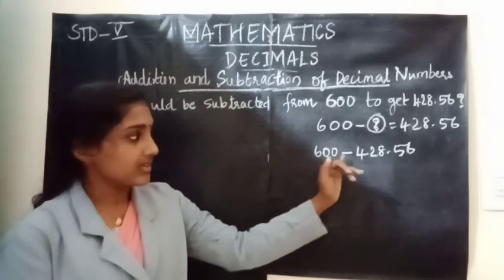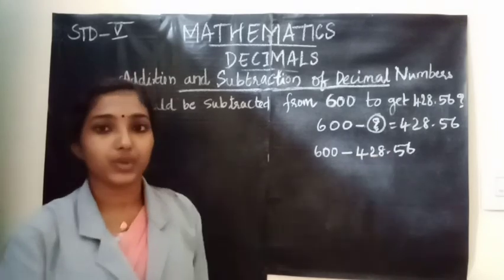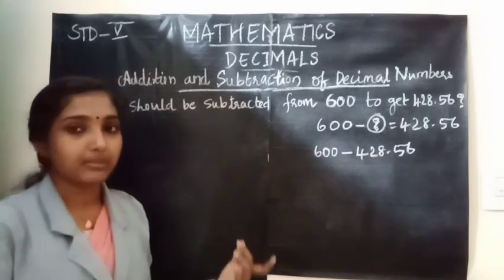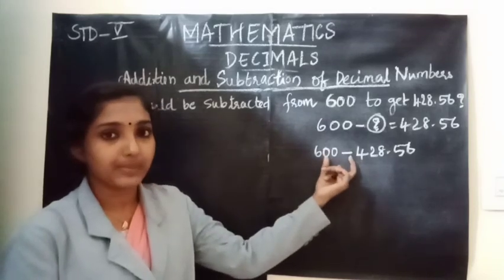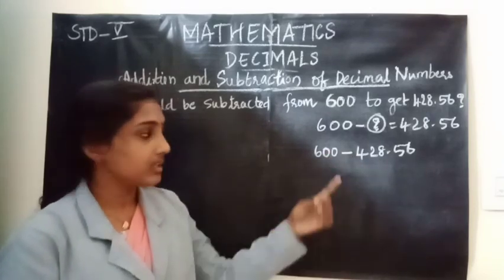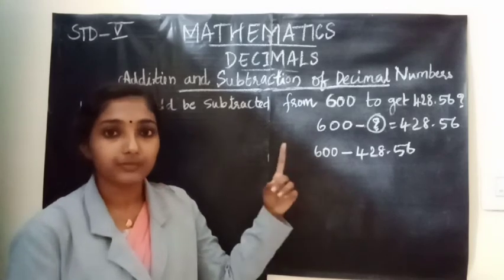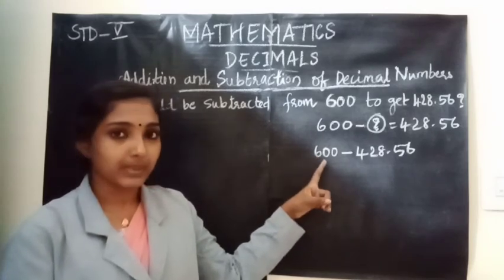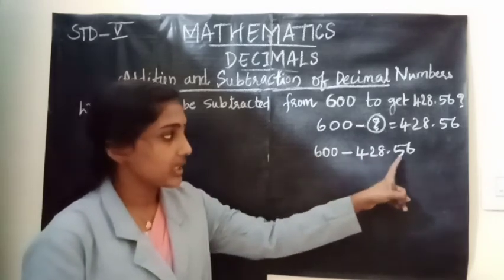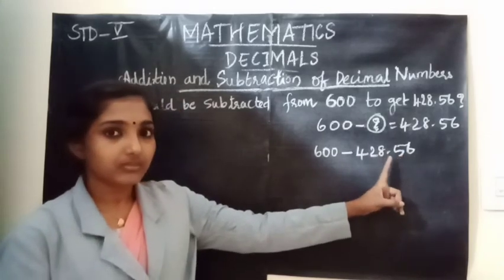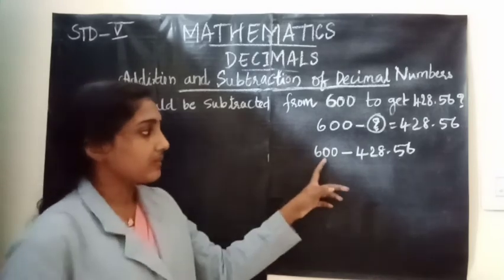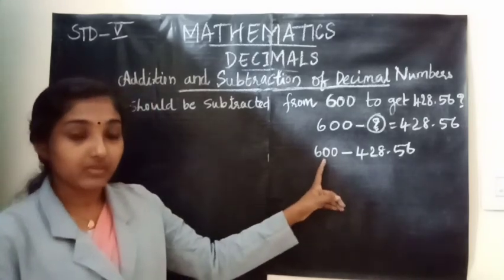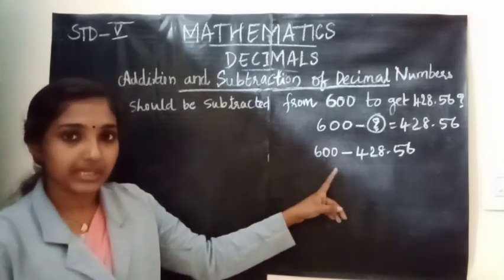It is 600 minus 428.56. When two decimal numbers are given to subtract, what is our first step? We will check whether the given decimal numbers are like or unlike. Here 600 has only the whole number part, no decimal part. 428.56 is a decimal number with 2 decimal places. So we have to change 600 into a decimal number.